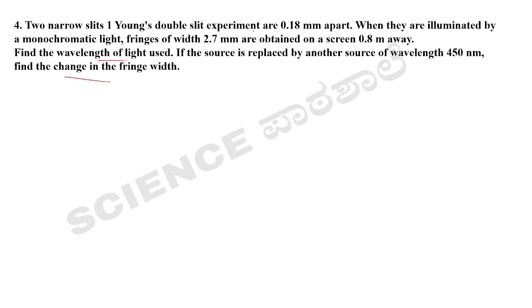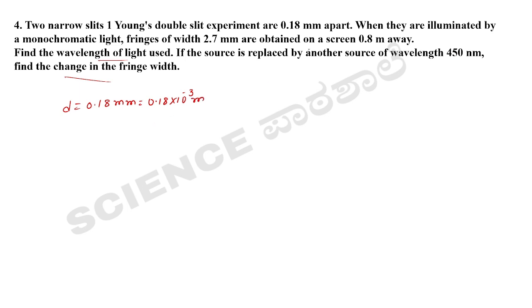The slits are 0.18 millimeter apart. There are two slits, and the distance between them is small d is equal to 0.18 mm is equal to 0.18 into 10 raised to minus 3 m.